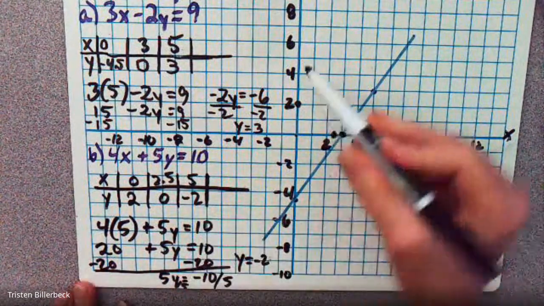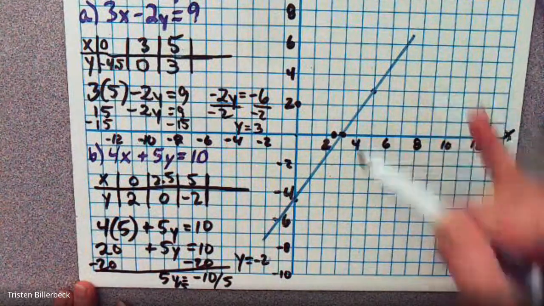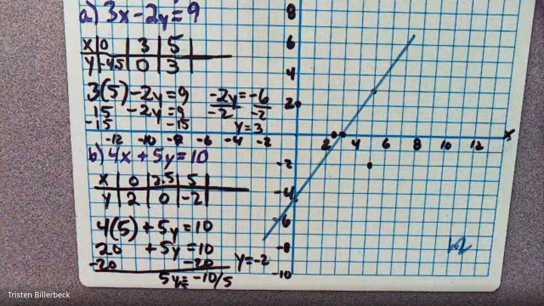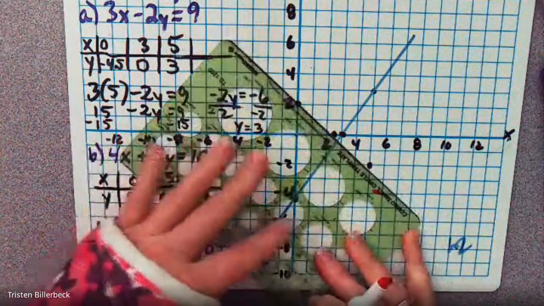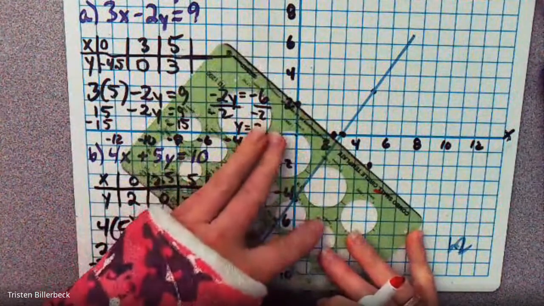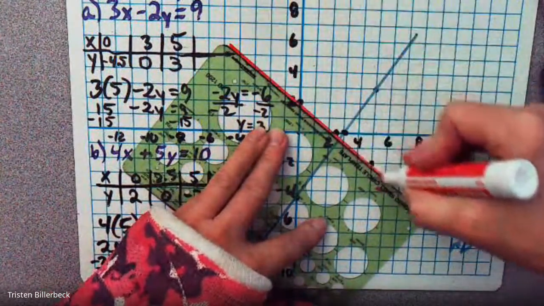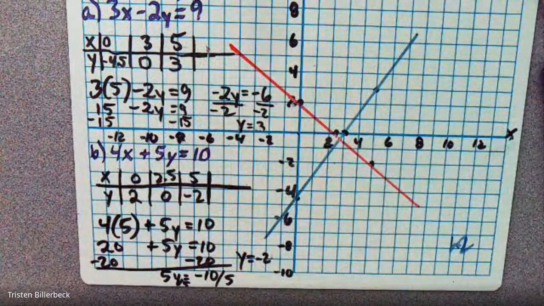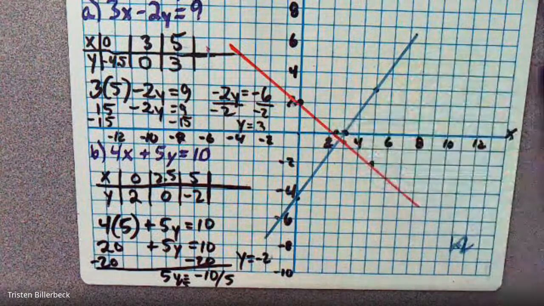So let's see what that looks like. So at 5, I'm at negative 2. And look at that. It looks perfectly in line with the other 2 points. So let's graph that. Okay, so we have a really nice looking line there for both of them.